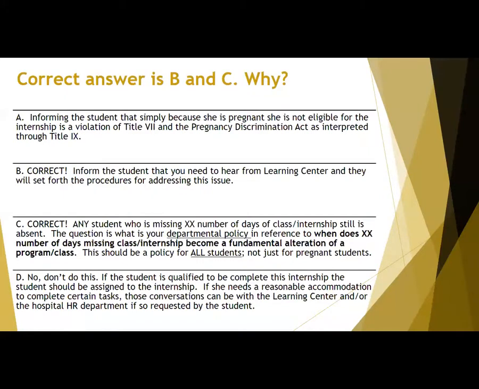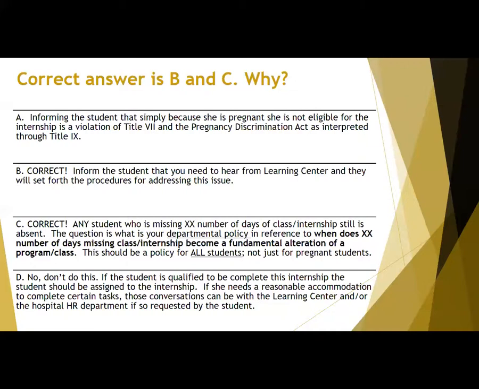So we want to definitely throw out A and D right from the start. There are 2 correct answers on this question, but let's first look at the incorrect answers. So A, we're in trouble legally if we do A. Informing the student that simply because she's pregnant that she's not eligible for the internship, you're violating some laws here, and we don't want to do that. We're violating Title VII and the Pregnancy Discrimination Act as interpreted through Title IX.